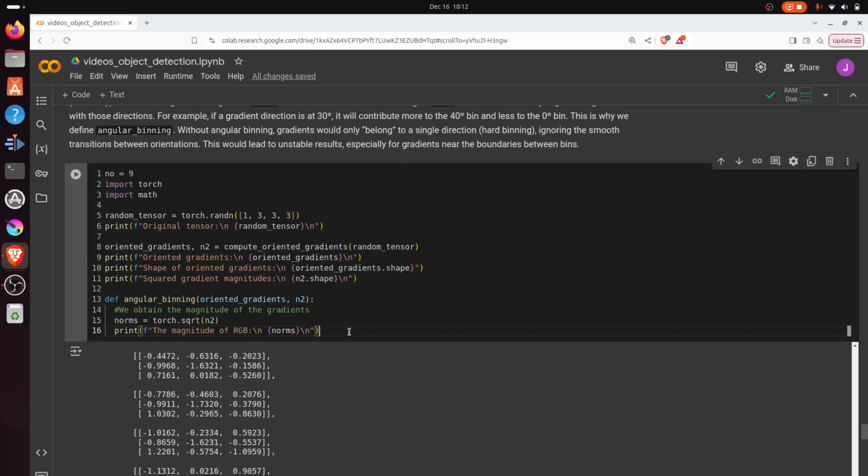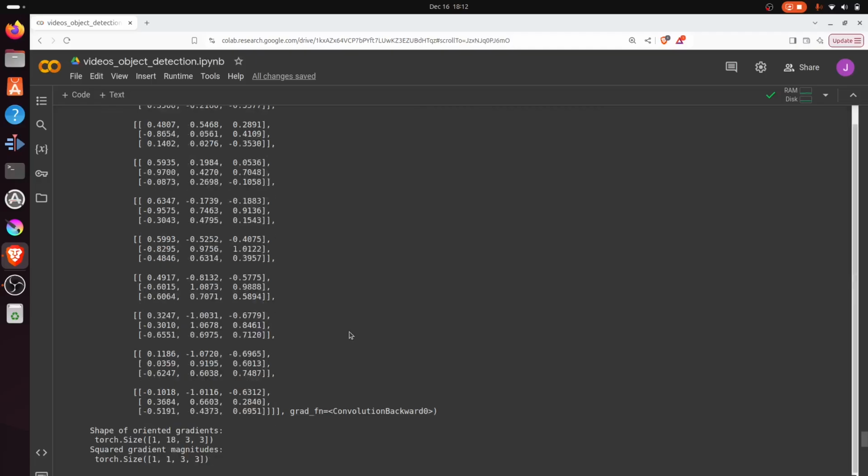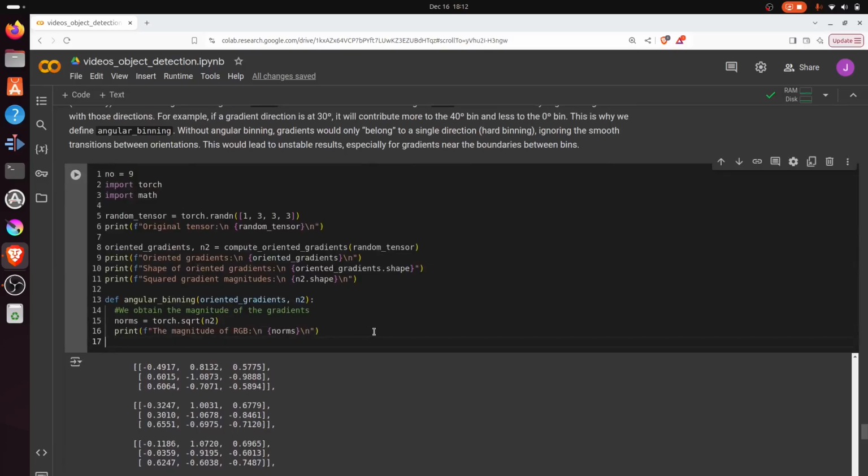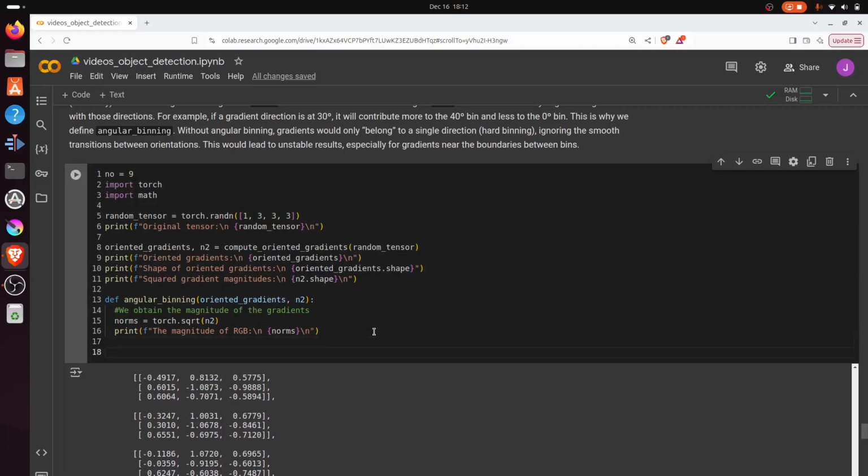Fantastic. Of course, if we just run it right now, we are not getting the output of angular binding, because we need to call the function, right? So angular binding, and here we are going to input the arguments. Remember, this doesn't need to be called the same way.